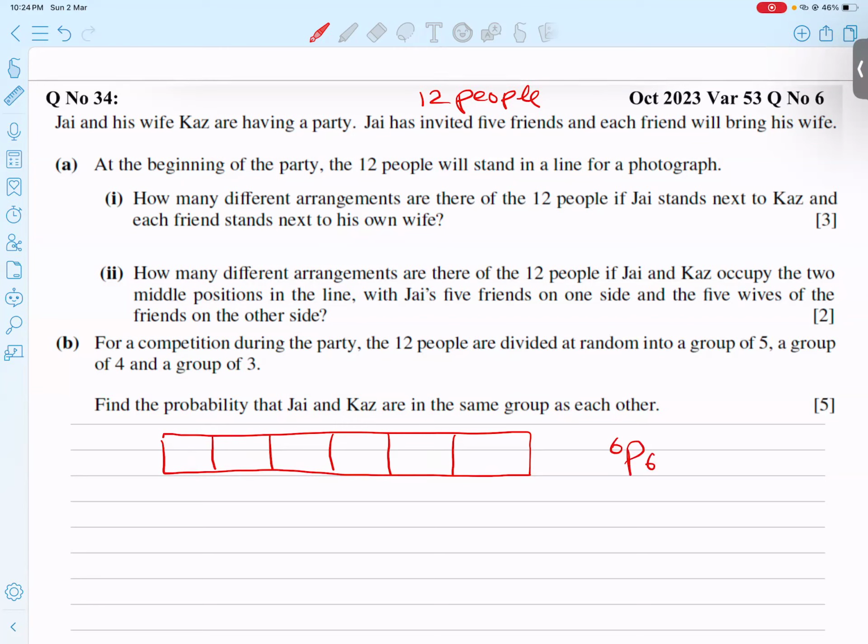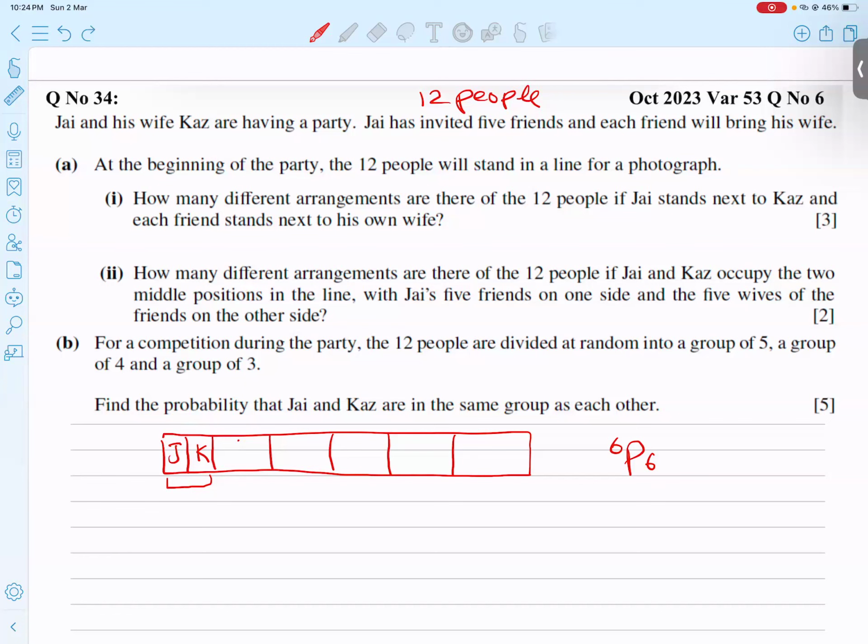For example, let's talk about this Jay and this Kaz, husband and wife. How do we arrange these two? 2P2. There are two possibilities: Jay before and Kaz later, or Kaz before and Jay later.